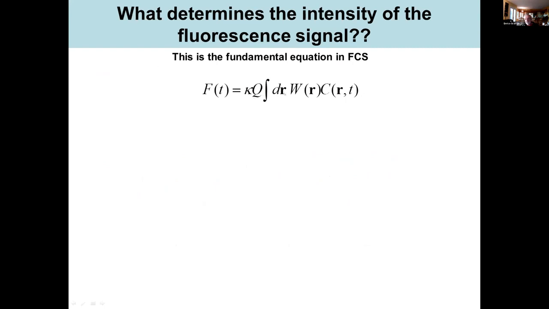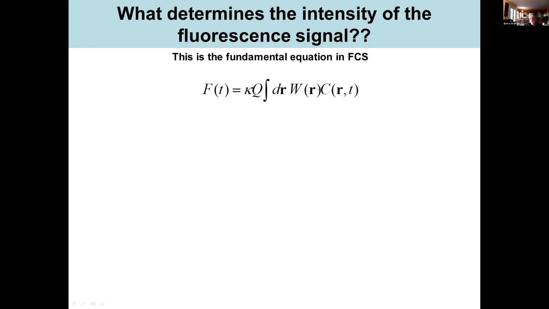This integral says that the fluorescence intensity will depend on where the molecule is placed as a function of position. So it can be in the middle of the excitation volume, or can be out, and then it depends on a term which takes into account how the concentration of the molecule changes as a function of time.